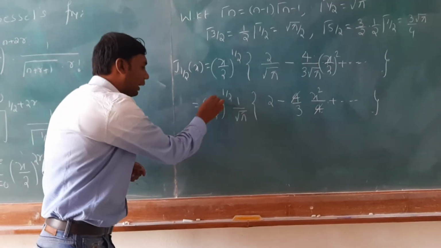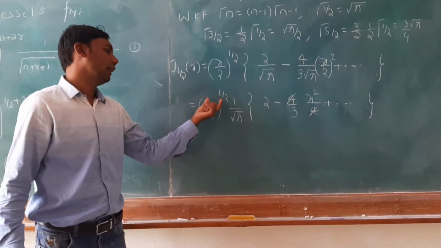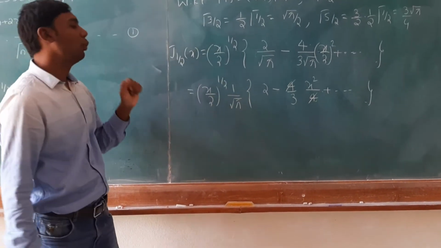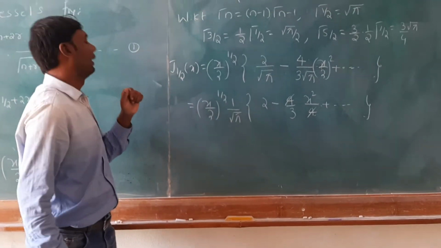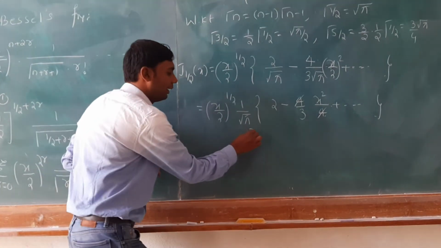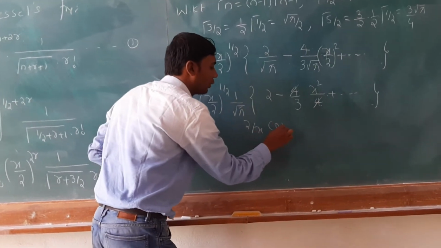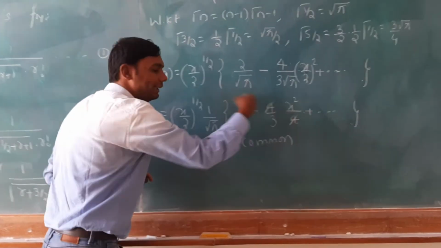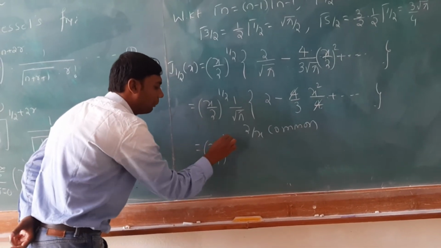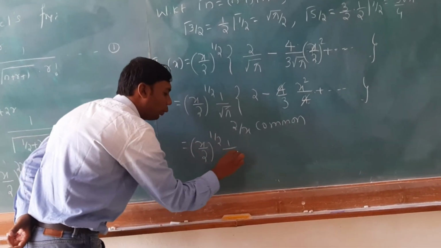Next, x by 2 raised to 1 by 2 means root of x by 2, but we require 2 by x. So for that, take 2 by x common from this series. Then we get x by 2 raised to 1 by 2 into 1 by root pi.